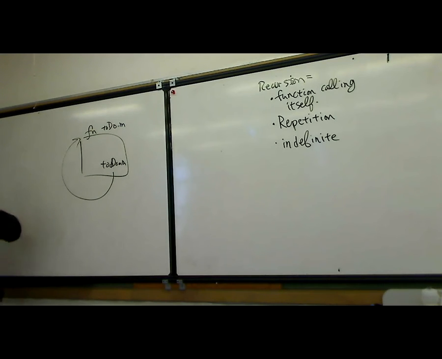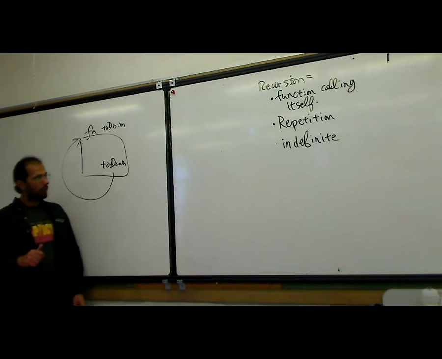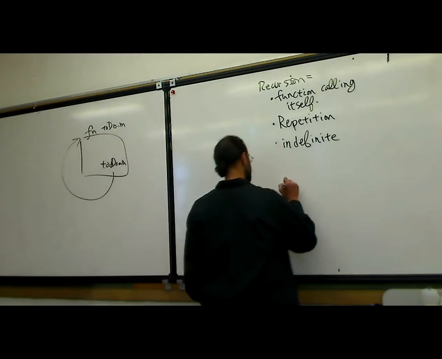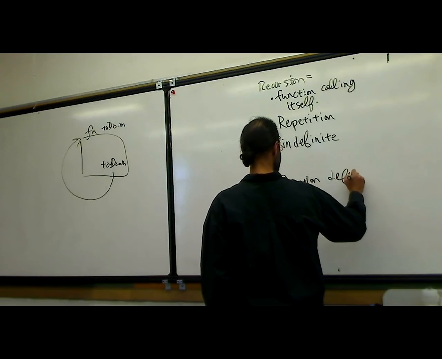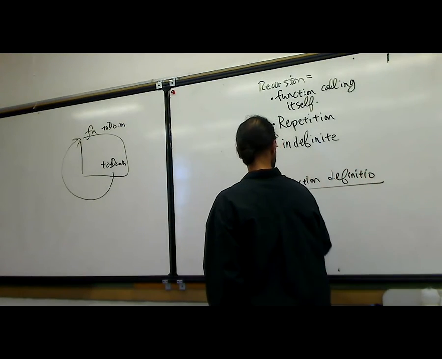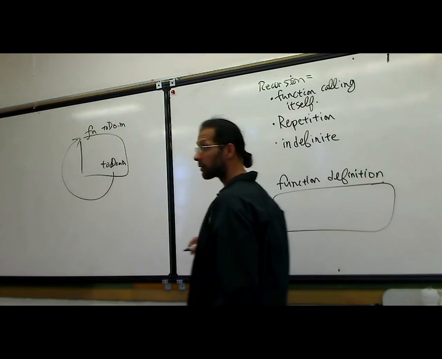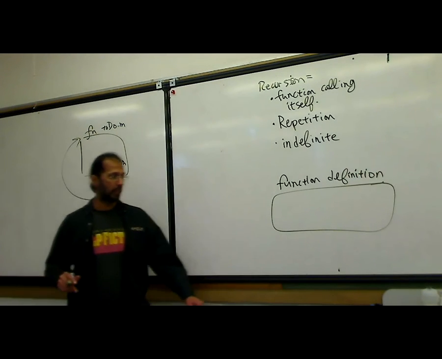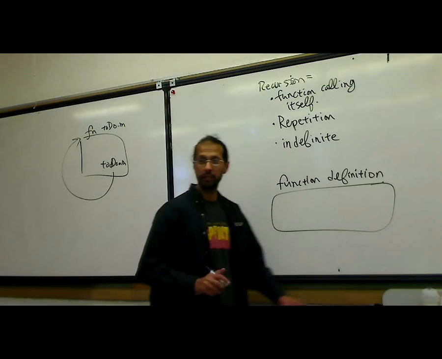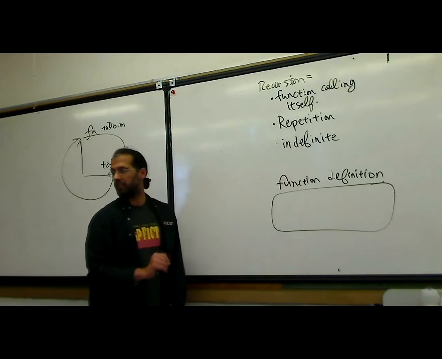So, if I have a definition for the function over here, and I run it, I'm basically creating what we call an instance of that function. Okay? So here's the function definition, it's a .m file.